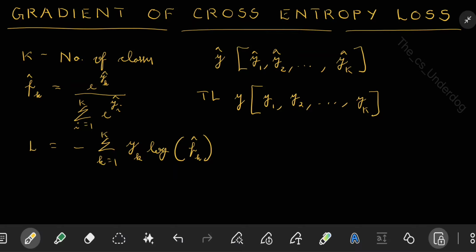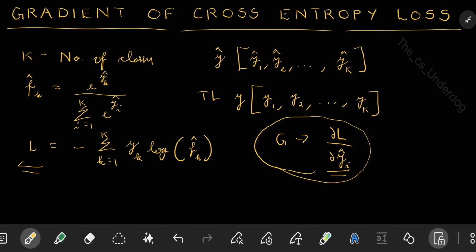Our goal will be to find del L by del yi cap. This is what we want to find in this particular lecture. This is our loss, and once we find del L by del yi cap, we are done. We'll have a gradient. So let us see how we are going to find this del L by del yi cap.